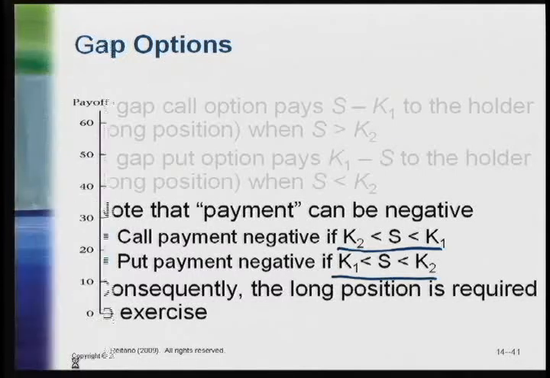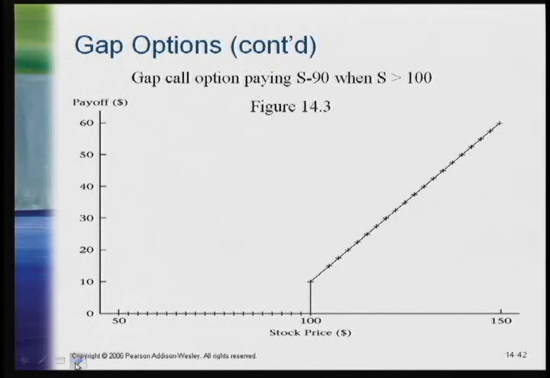So let's look at a couple of graphs. Here's a simple graph, namely where K1 is 90 and K2 is 100. Now, a vanilla call would have 90 used in both places. If the stock price is bigger than 90, a payment to the holder is made of S minus 90.